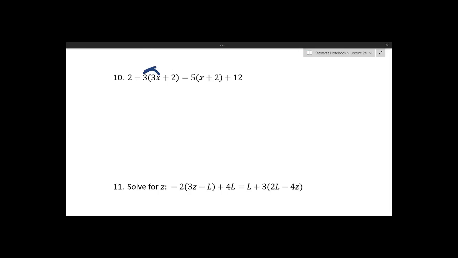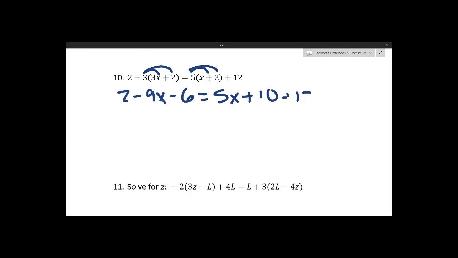So we're going to distribute this negative 3, and distribute the 5. So we have 2. Negative 3 times 3x would be negative 9x. Negative 3 times 2 is negative 6. 5 times x is just 5x. And then 5 times 2 is 10.